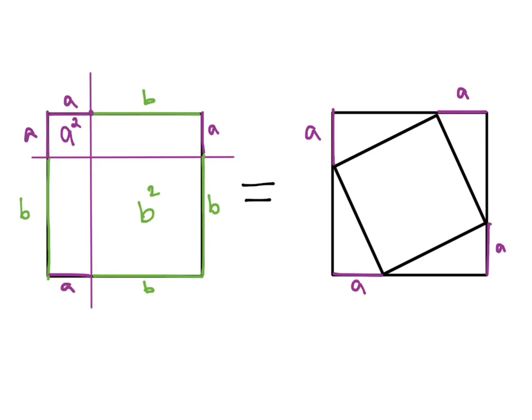On the right-hand side, I cut up the square also with four lines. These four lines connect to make a square inside of that square that seems to be tilted.